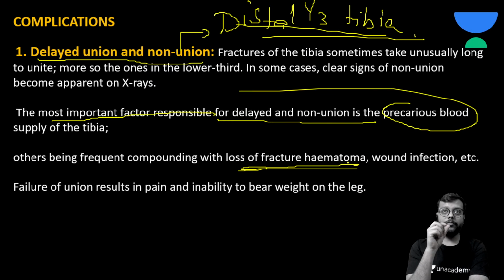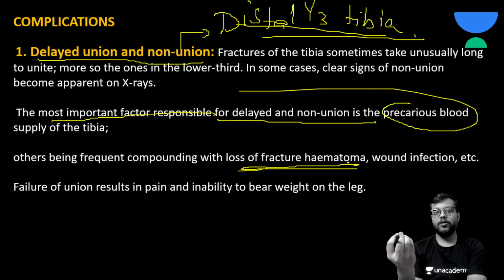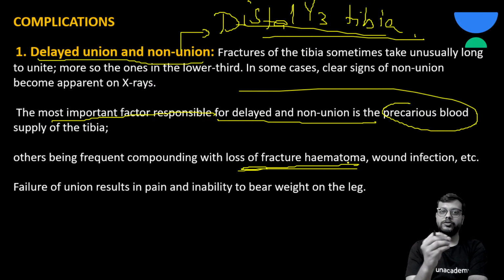And also sometimes अगर आपको close reduction करना है तो you can give anesthesia in that hematoma, that is called as the hematoma block, and उससे after giving that hematoma block you can reduce or closely reduce the fracture line without causing pain or misery to the patient.